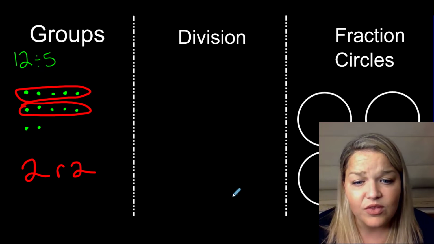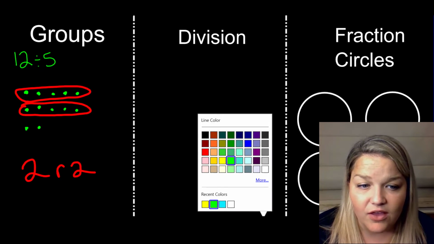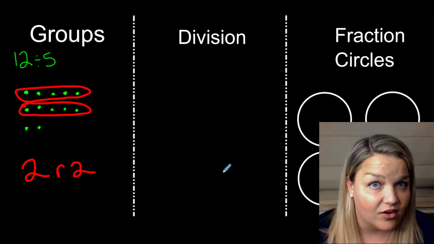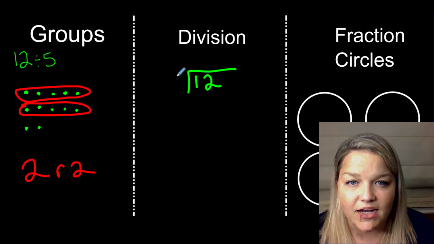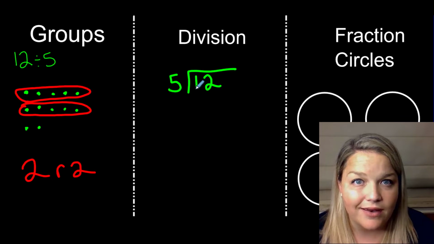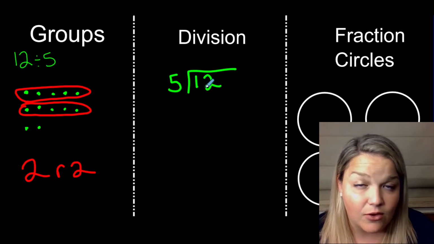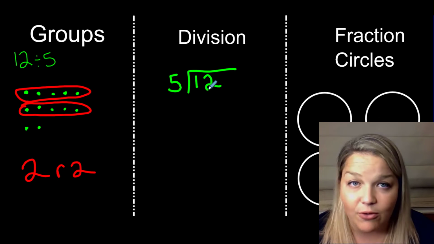So let's see how this has looked for you now that you know how to do basic and long division. You have said, all right, well, I'm going to take my 12 and I'm going to divide each digit by 5. So can 5 go into 1? No. But can 5 go into the whole thing, 12? Yes, it can. How many times can 5 go into 12 without going over?